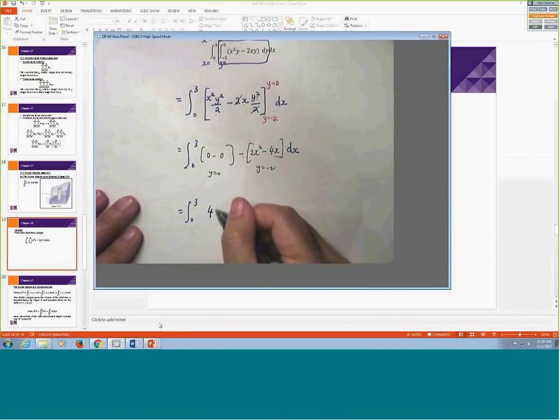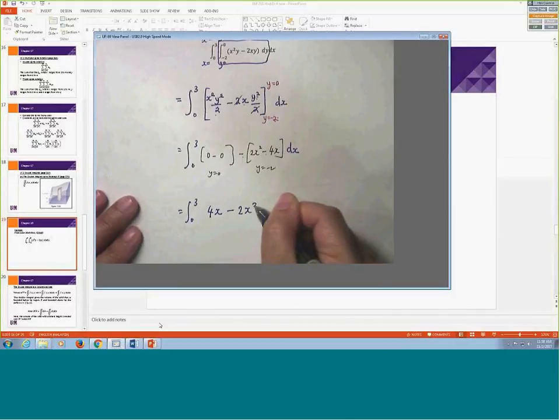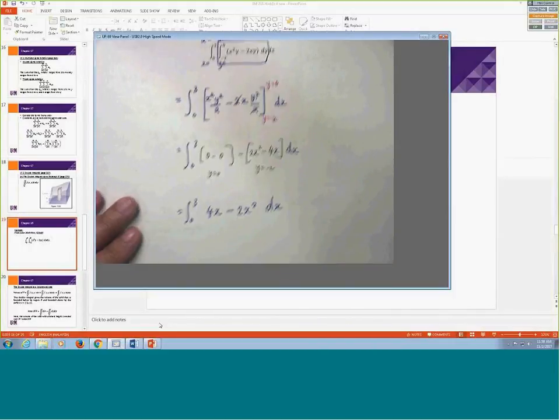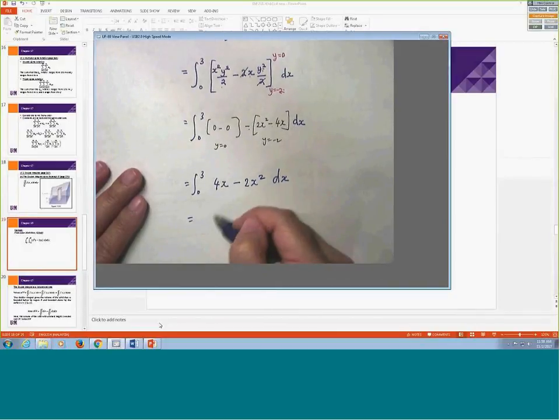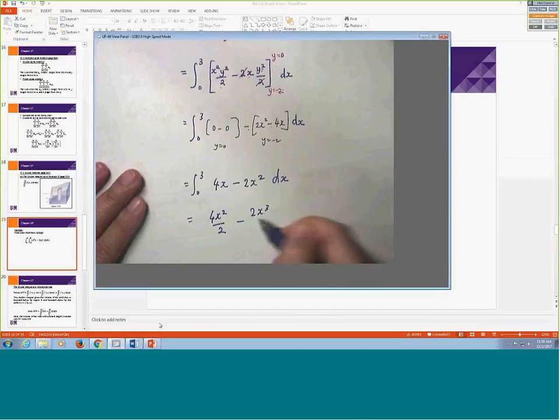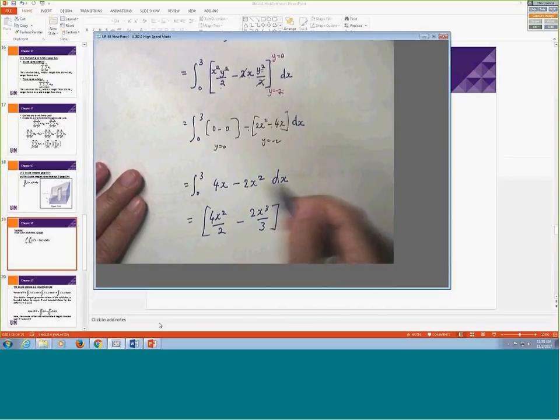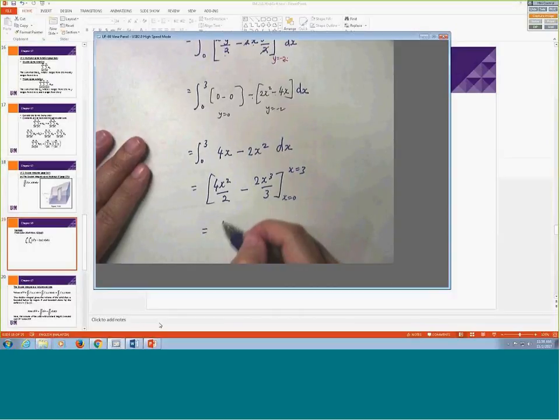And this is for x. So this is simple. Integrating 4x gives 4x squared over 2, and 2x squared gives 2x cubed over 3. Simplify, you have 2x squared minus 2 over 3 x cubed.